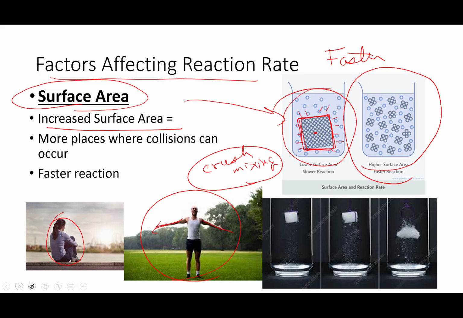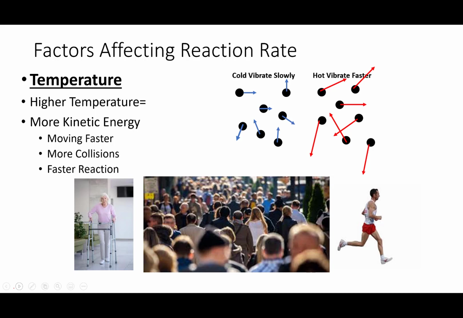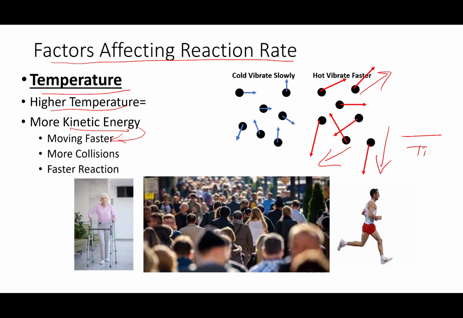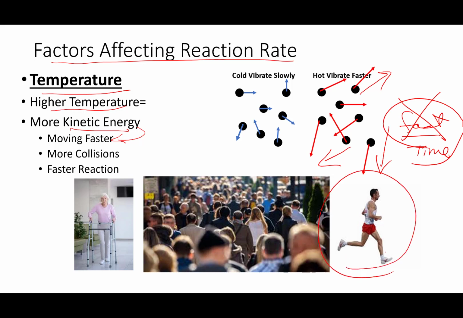And last but not least, one of the other things affecting reaction rate is temperature. And as you know, temperature has to do with kinetic energy. More kinetic energy means more speed. Molecules moving at a much faster rate of speed in the same amount of time are going to cover a bigger distance and bump into more of each other.